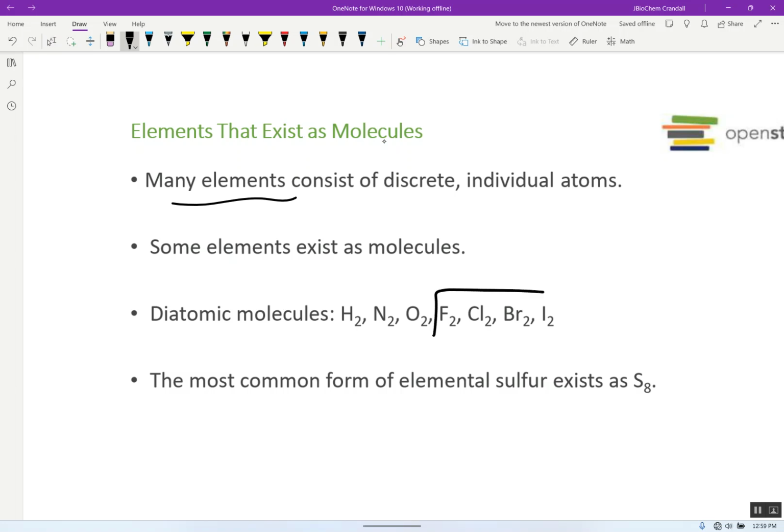These guys are what we call the halogens. They each have 7 valence electrons. Look at your periodic table. Fluorine, chlorine, bromine, and iodine. Do you see how they're all grouped together in the same family on the periodic table? In group 17 there on the periodic table.